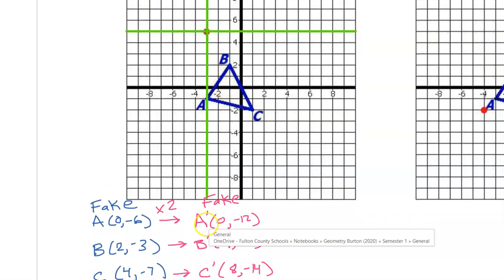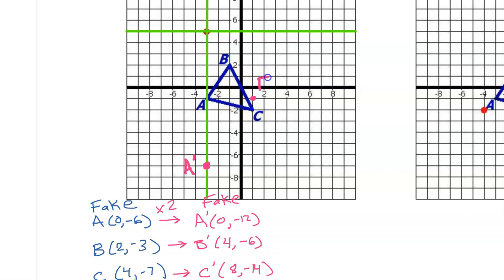So let's see. A prime is 0, -12. So using the green lines, 0, -12 would be right here. So this will be A prime. What about B prime? 4, -6. Counting from the green, if I go over 4 and down 6, that's going to be right here.